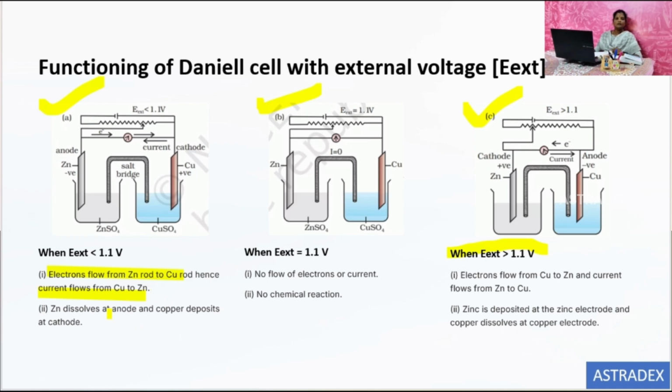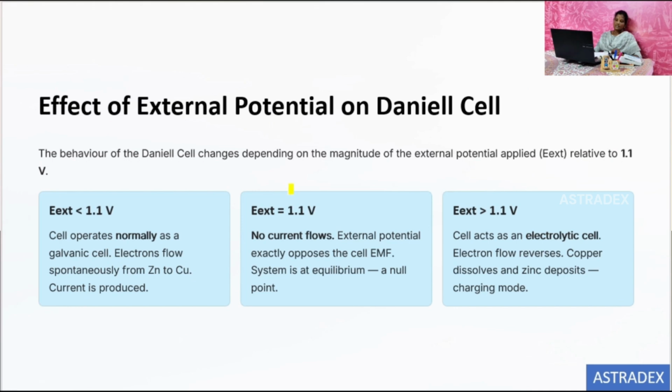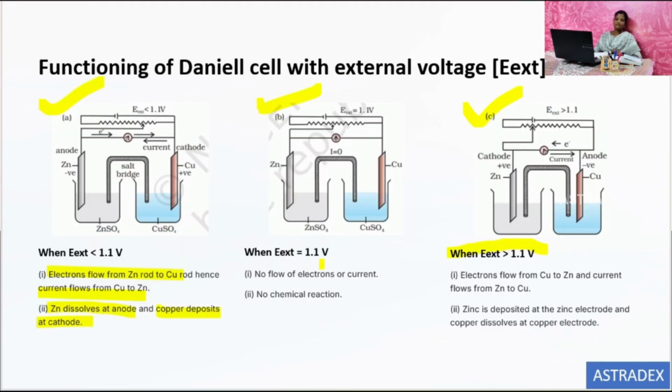Please don't confuse the words. And here, once the current flows from copper to zinc, zinc dissolves at the anode and copper deposits at the cathode. Case number 2, when the external voltage is equal to 1.1 volt, there is no current. That means no flow of current, and no chemical reaction takes place because at that time it attains an equilibrium.